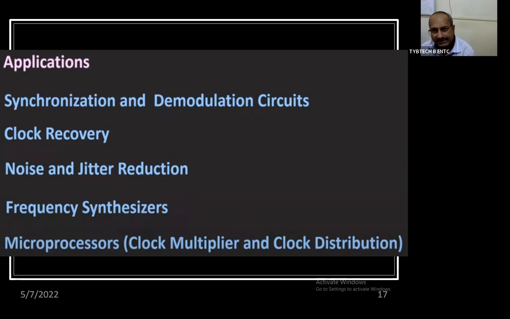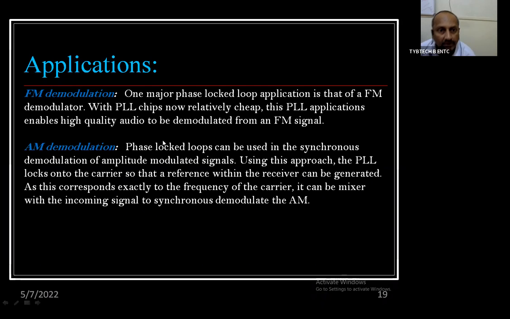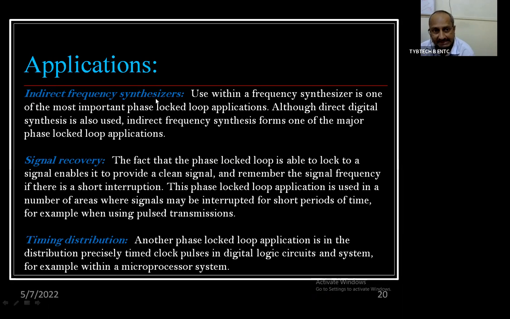And demodulation, we know, is to remove the carrier signal and get the original information signal, for which demodulation circuitry is there. So these are the applications here: FM demodulation, and for AM demodulation it is also used. Frequency synthesizer, signal recovery, and timing distribution.